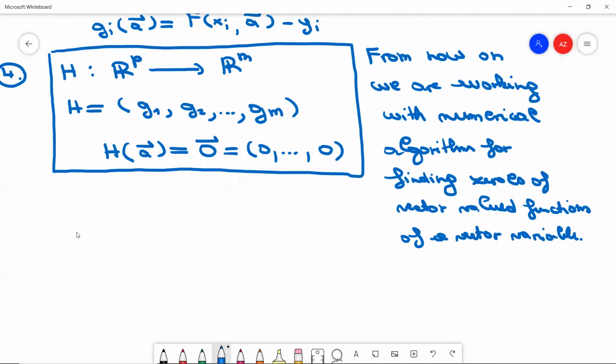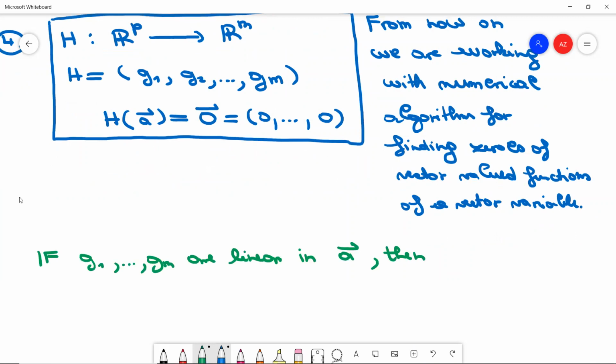So if G1 up to Gm are linear in A's, then H of A is just some matrix times this vector A of unknowns plus B. I mean, here, if they are linear, then this B is 0, but so if they are linear, then it is just A times A, where A is some matrix, a matrix of numbers.